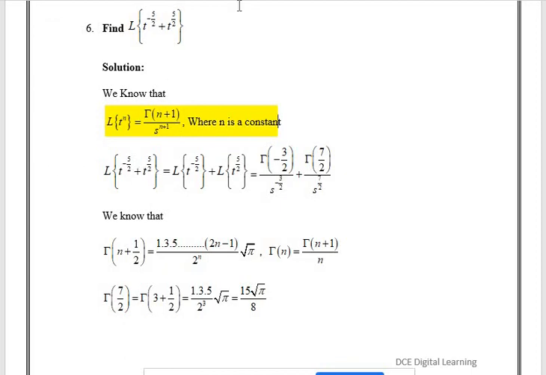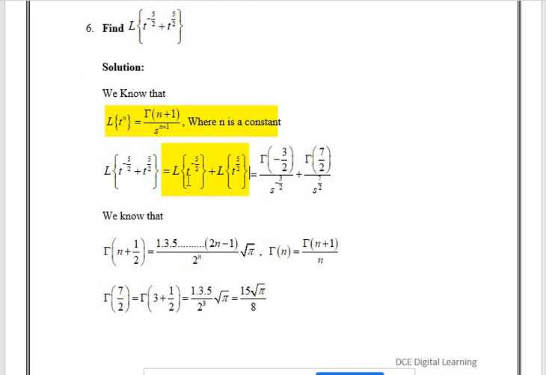By expanding the Laplace transformation of t power of minus 5 by 2 plus t power of 5 by 2, we get Laplace transformation of t to the power of minus 5 by 2 plus Laplace transformation of t to the power of 5 by 2.